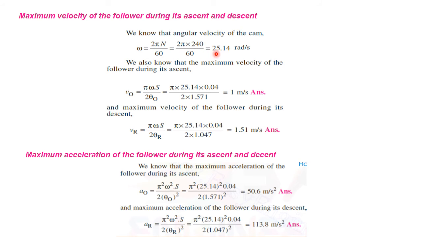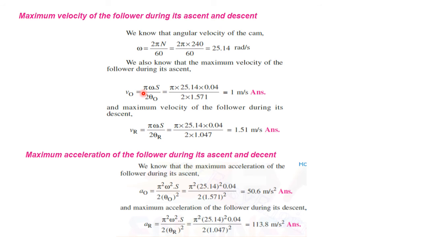We have got 25.14 radian per second. Therefore, the maximum velocity of the out stroke is equal to 2 times the mean velocity of the out stroke.